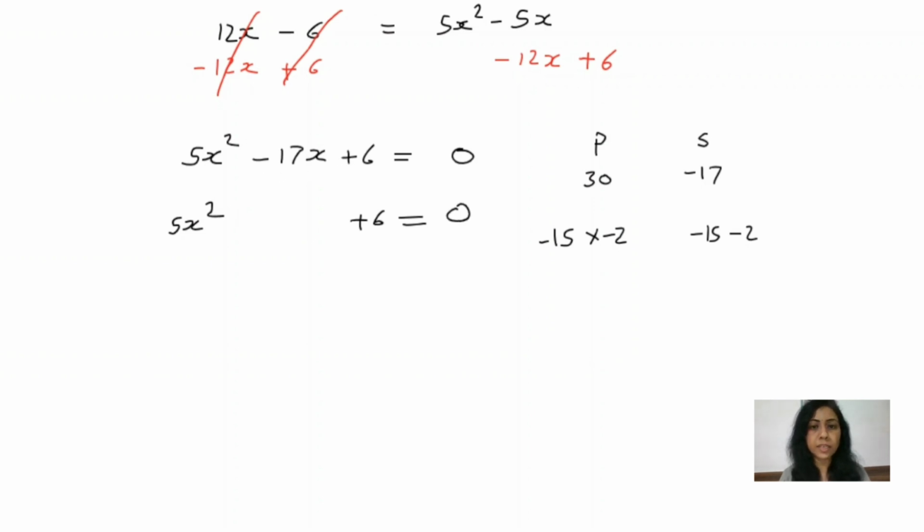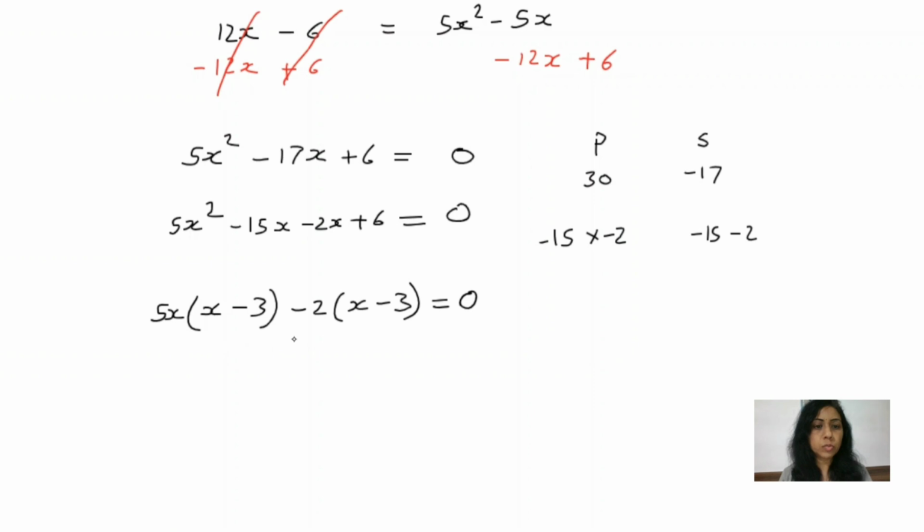Minus 17x we can write as minus 15x minus 2x. Now there are four terms. From the first two terms we can take common 5x, so x minus 3 is left. From the last two terms we can take common minus 2, so x minus 3.